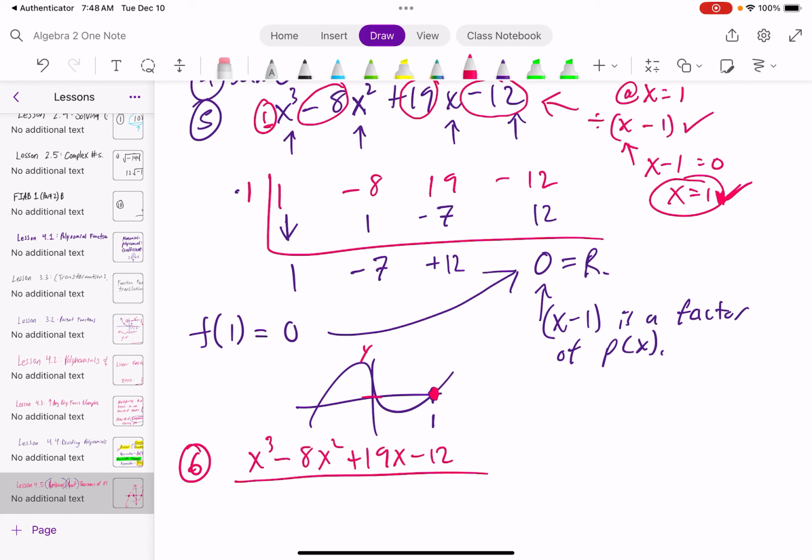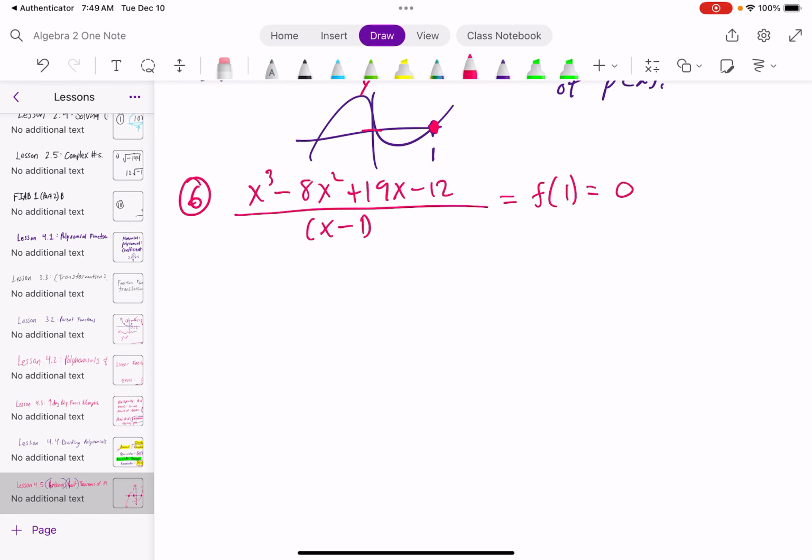Now we know that if we divide it by x minus 1, we get 0, right? We get our f of 1, which is 0.